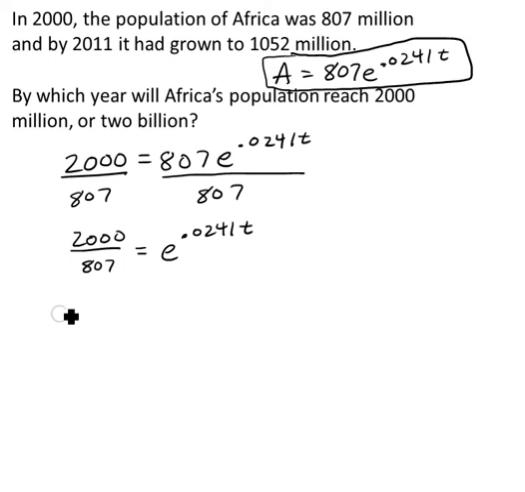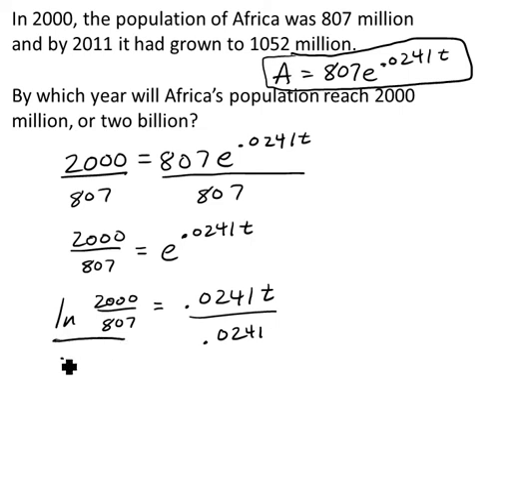So we'll have the natural log of 2,000 over 807 equals 0.0241t. And to get t by itself, we're going to divide both sides by 0.0241. So our t is equal to the natural log of 2,000 over 807, divided by 0.0241.